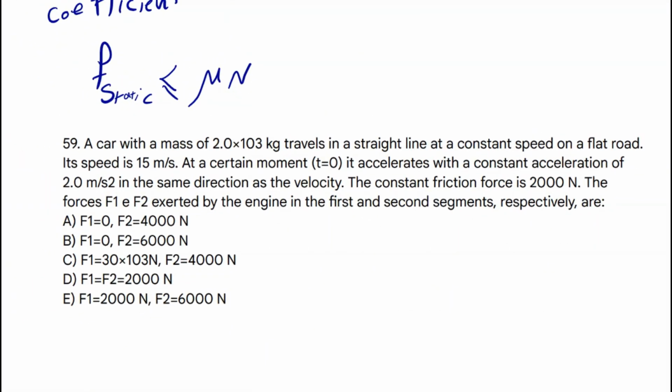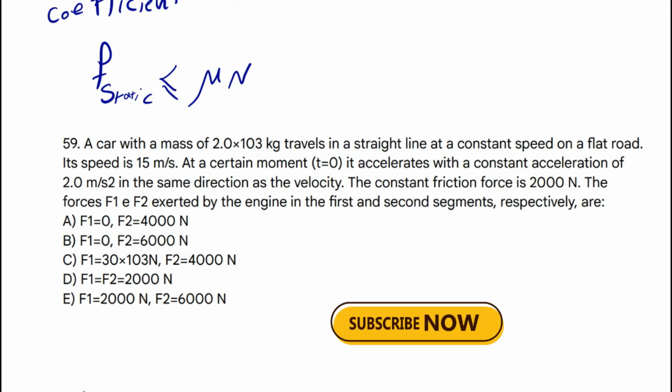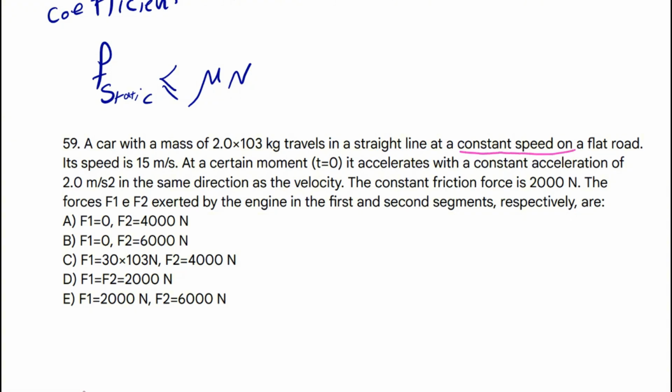Alright, now let's tackle question 59 from the IMAT 2025 random version. The question reads: a car with a mass of 2,000 kilograms travels in a straight line at a constant speed on a flat road. Its speed is 15 meters per second.